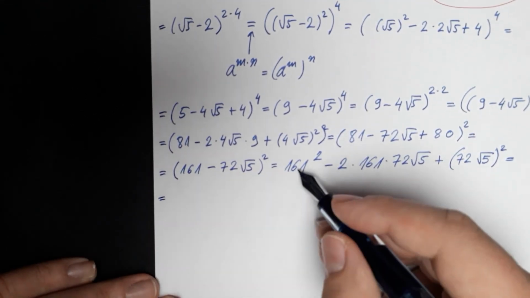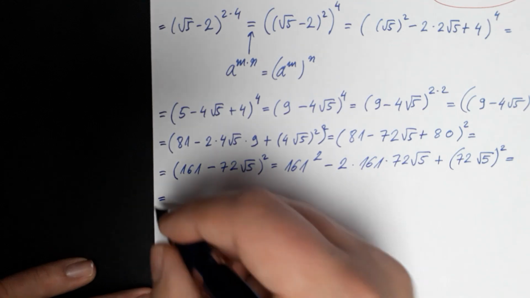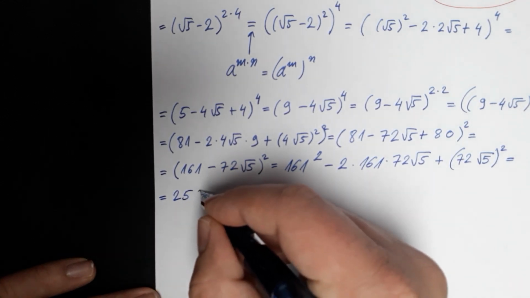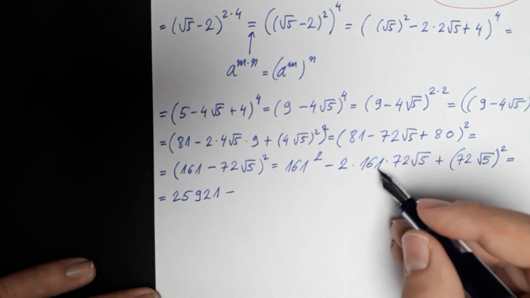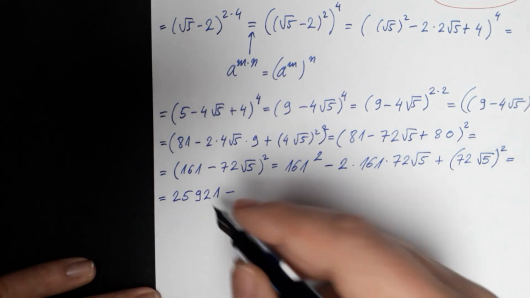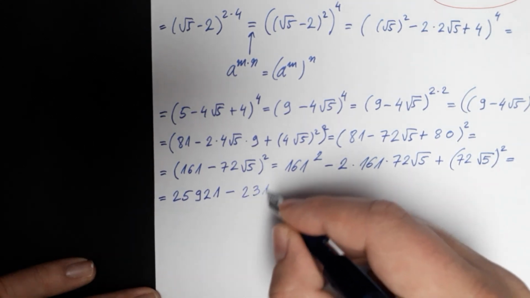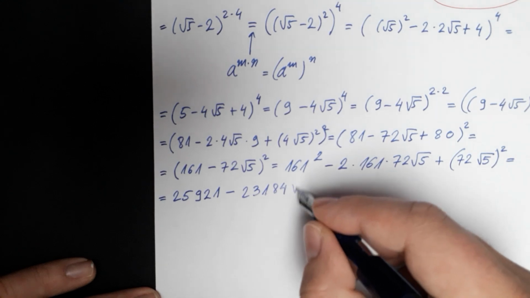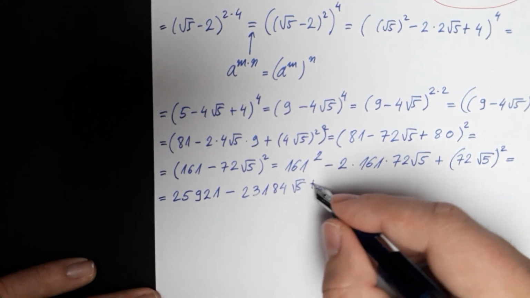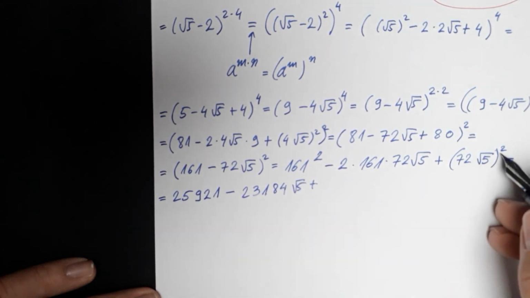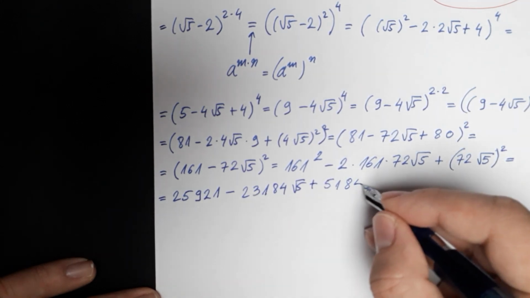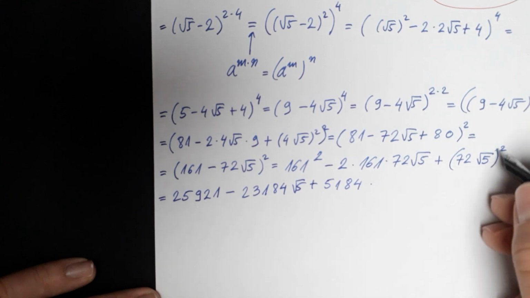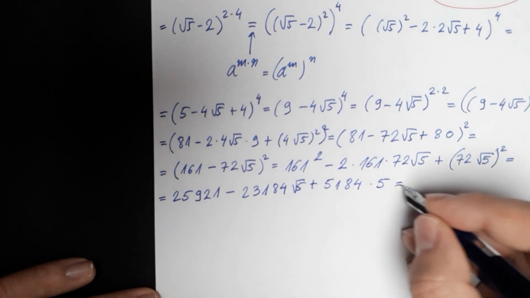So this is equal to 161 squared, that is 25,921, minus 2 multiplied by 161 multiplied by 72 is 23,184 square roots of 5, and plus 72 squared is 5,184 multiplied by the square root of 5 squared is 5.